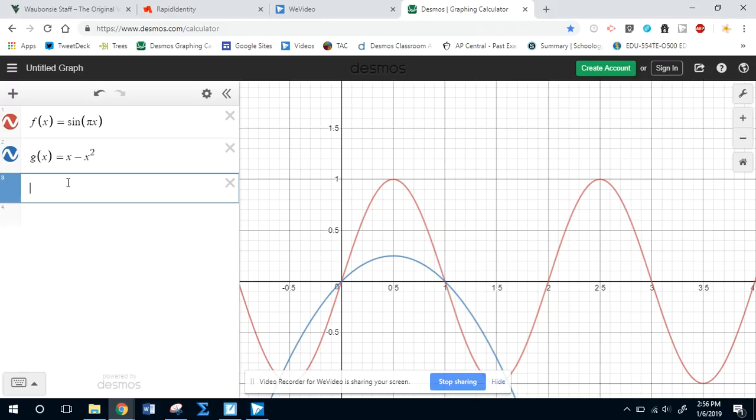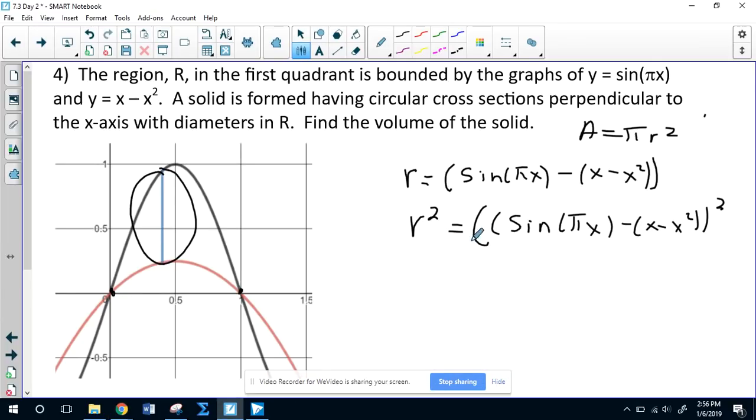So remember, it was the integral. Let me go back to it so I can write on it, because I can't write on Desmos here. So let me go back and set up the whole integral. So this is r squared here. This is my, it is not r squared. See, it's a good thing that we went back to it.